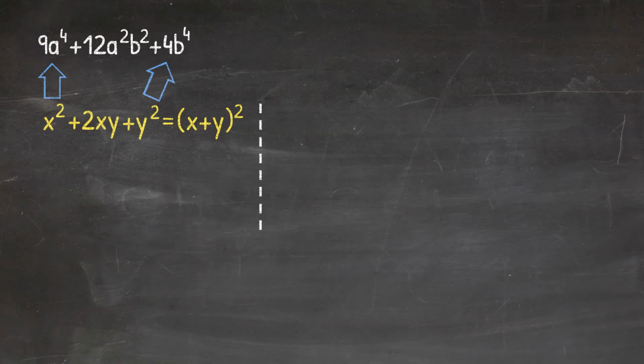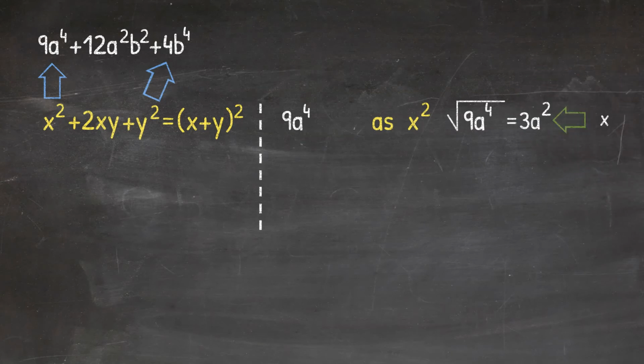To do so, let's unwrap the square. If we are assuming that 9a to the fourth is x squared, then the square root of 9a to the fourth should represent x. If that were the case, then x equals 3a squared.